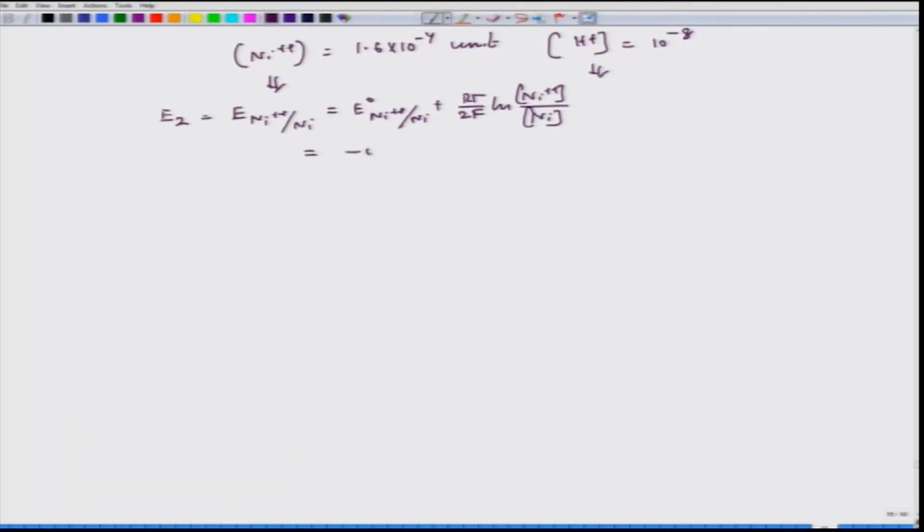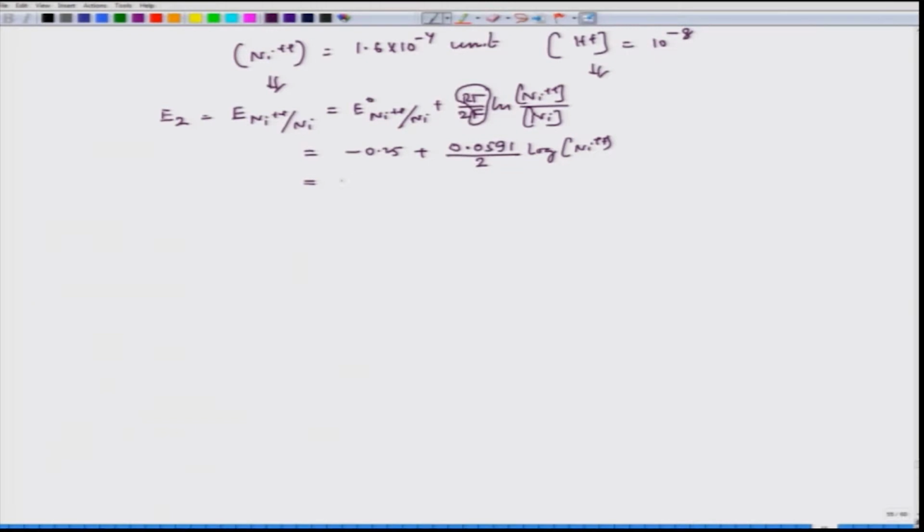This we know is minus 0.25 volt, and at 298 Kelvin and 1 atmosphere pressure, this particular quantity becomes 0.0591, which we have calculated before, by 2, and this becomes log, because when we take logs, the 2.303 conversion factor from ln to log needs to be multiplied with the RT by F factor.